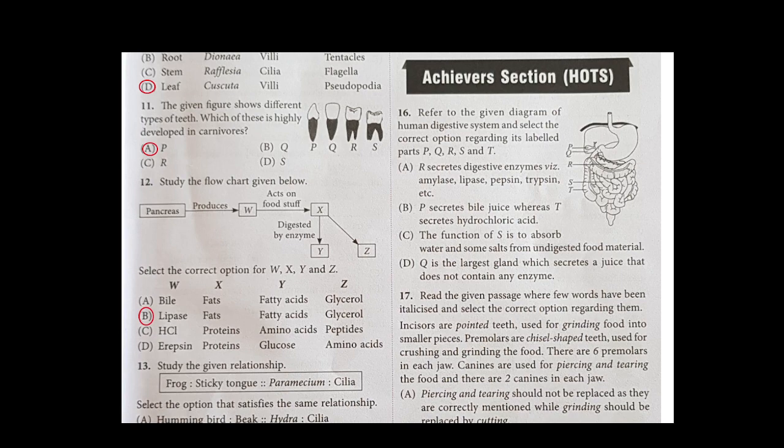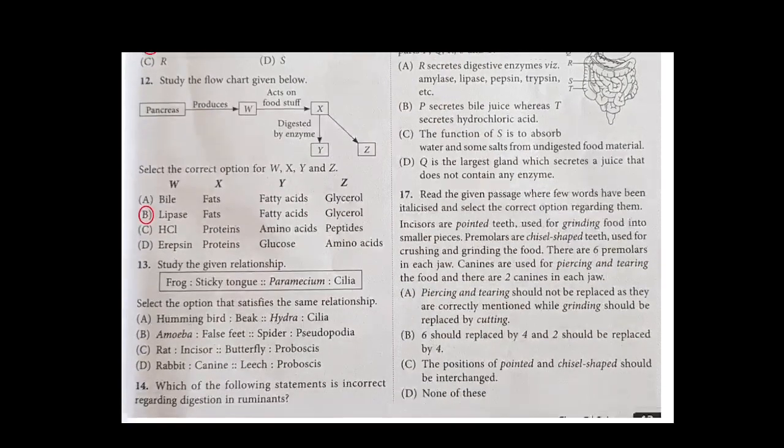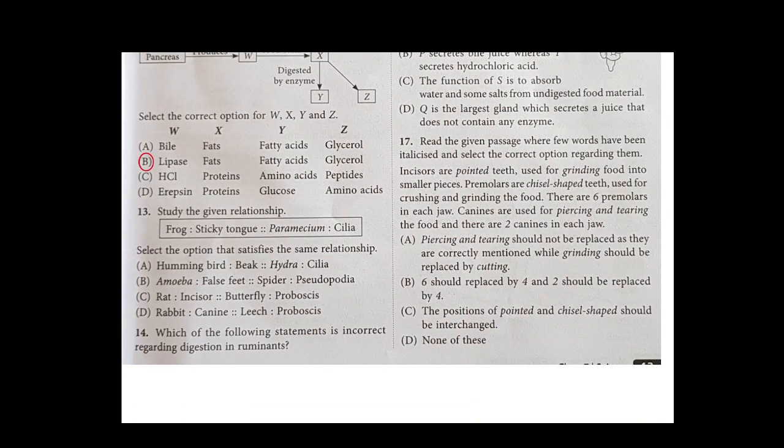Now the 13th question is: study the given relationship. Frog is to sticky tongue as paramecium is to cilia. Select the option that satisfies the same relationship. If we go through these options, we find that C is the same as the above relationship.